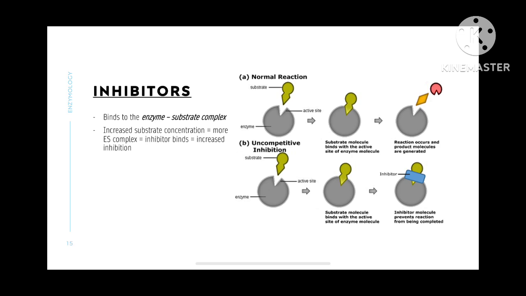This is also another kind of inhibition in which the inhibitor binds to the enzyme substrate complex. So increasing substrate concentration results in more enzyme substrate complexes to which the inhibitor binds and thereby increases the inhibition. The enzyme substrate inhibitor complex does not yield any product.